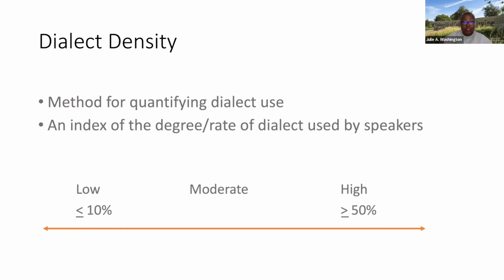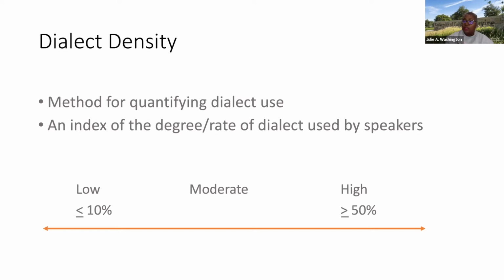That's all dialect density is. So it's the number of features divided by the total number of utterances. It's an index or degree of dialect used by speakers. That's what dialect density means.